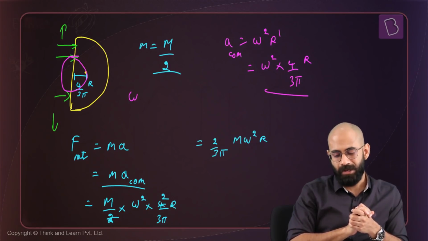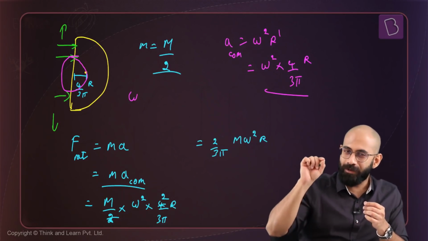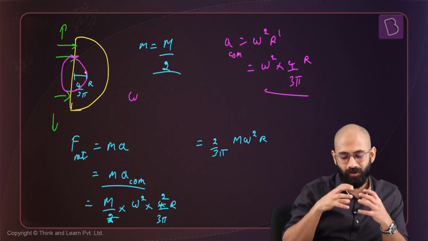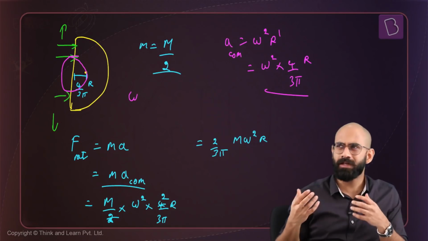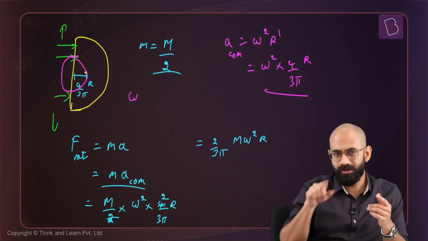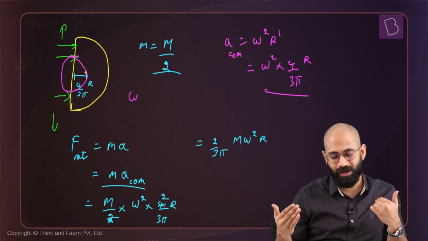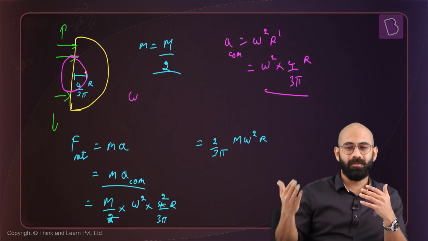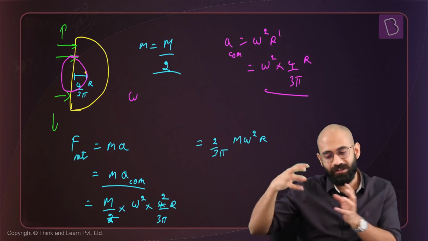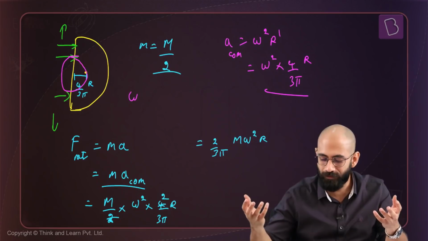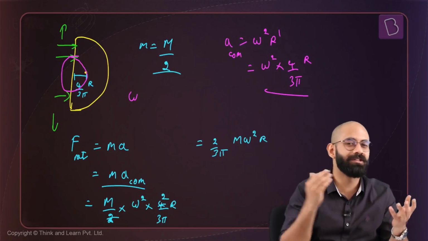And we also know that since the center of mass is moving in a circle, its acceleration will be equal to omega square r dash, right? That has to be true because it's moving in a circle. So that will be equal to omega square into 4 by 3 pi into r. And so finally, if you multiply that acceleration of the center of mass into the mass, it should give us the net force. That's what we started with. So this is how we find the answer.